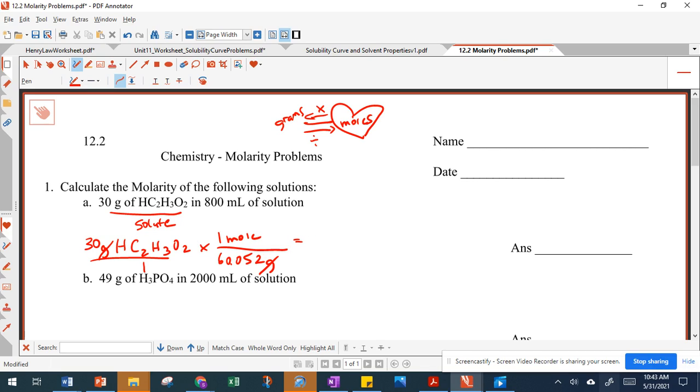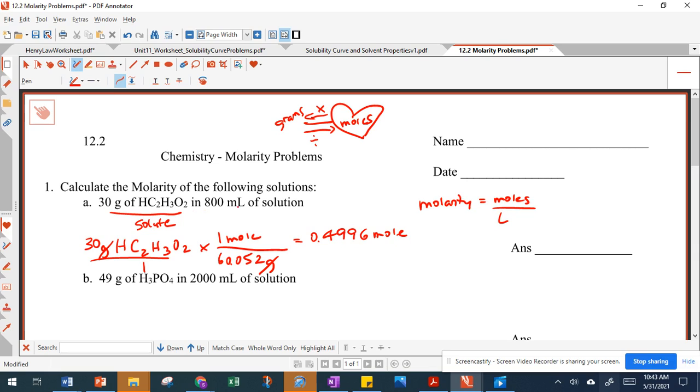So if we do 30 divided by that, it gives us 0.4996 moles. I'm just keeping a lot of sig figs. And then we're going to be dividing that by our liters of solution to get molarity. So we have molarity is equal to moles over liters.